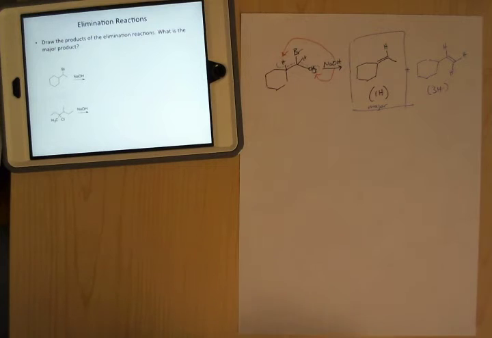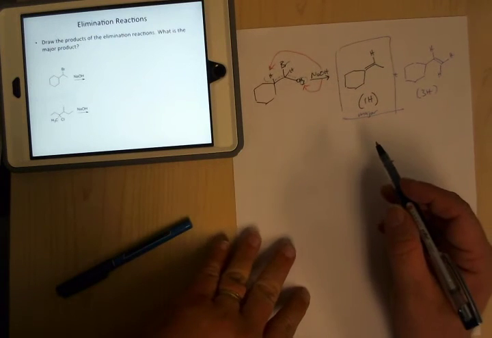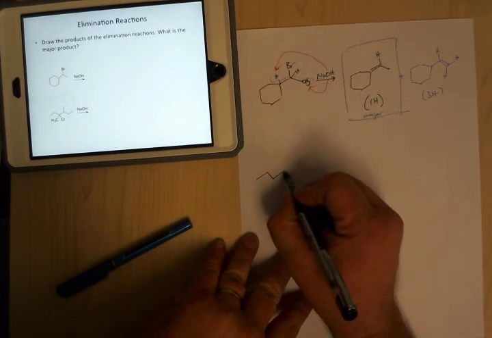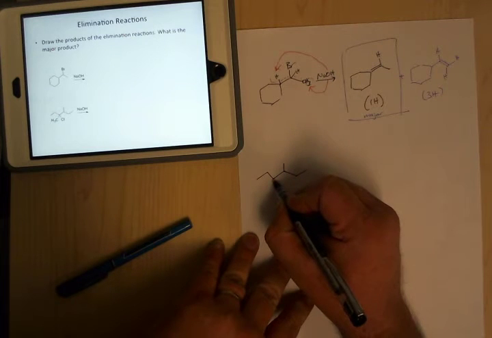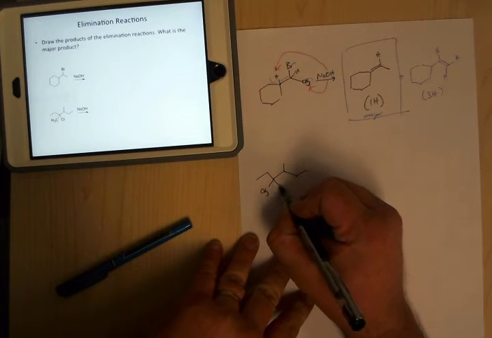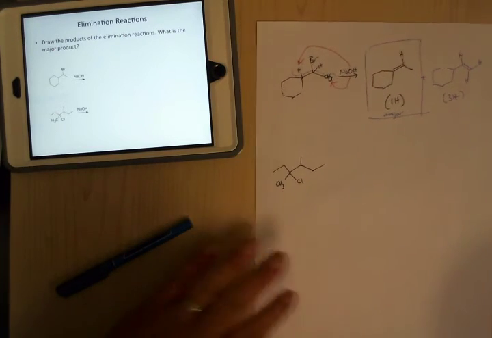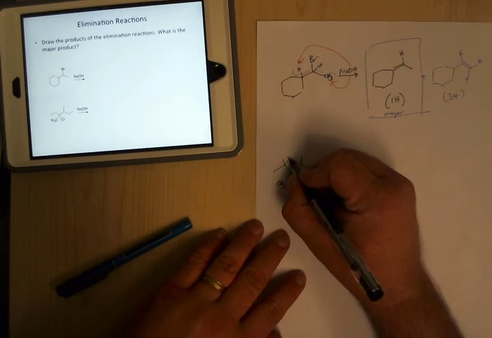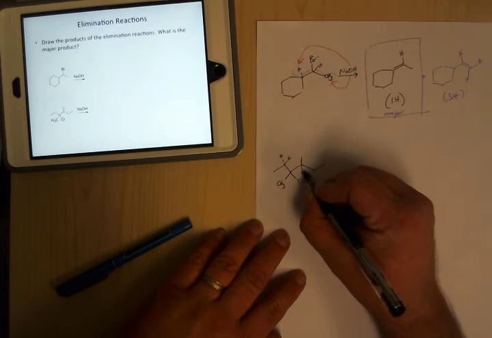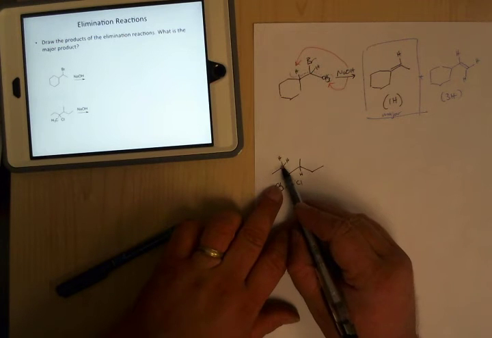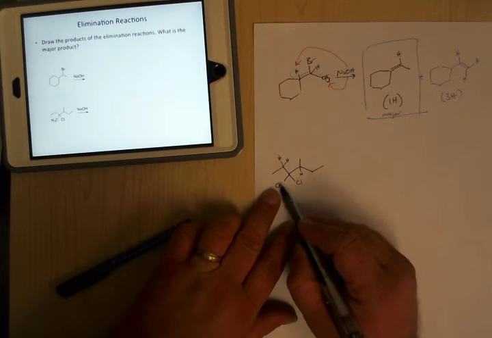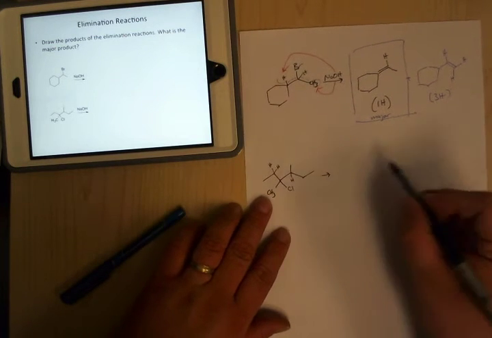For this one, there's Cl, and there's a hydrogen here, hydrogens there, and a hydrogen there. You look on the adjacent carbons, here and here and here, so that means there are three different products.